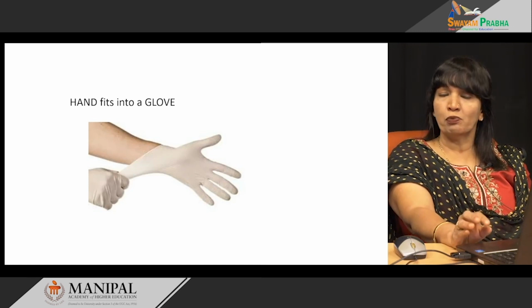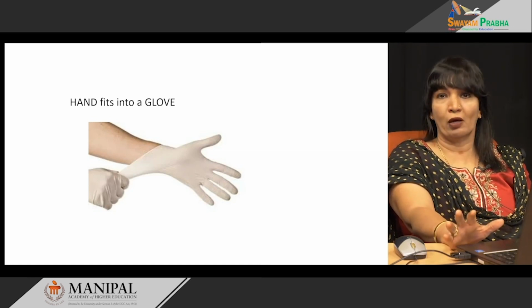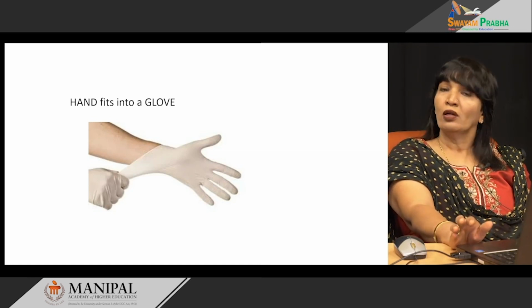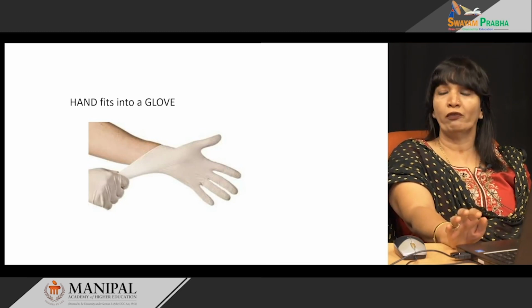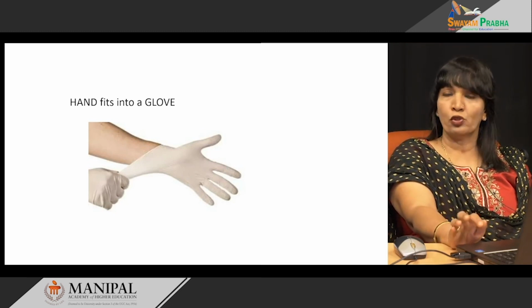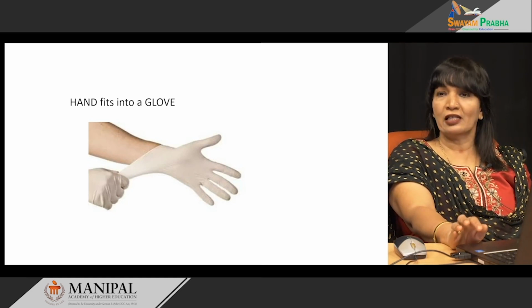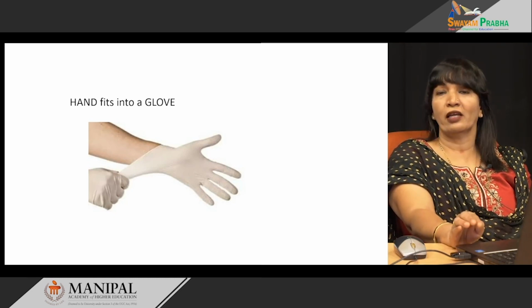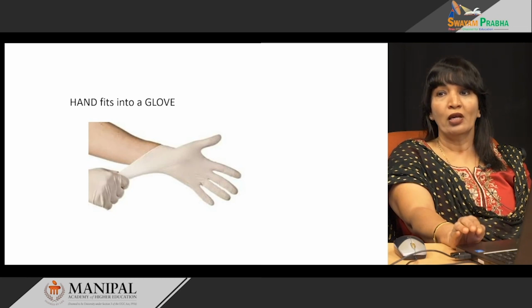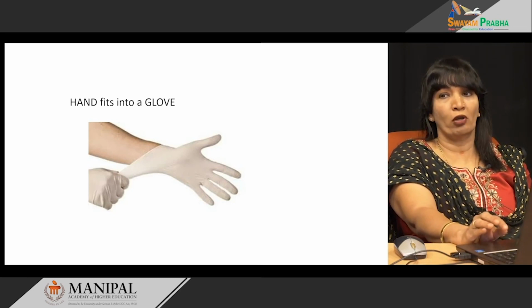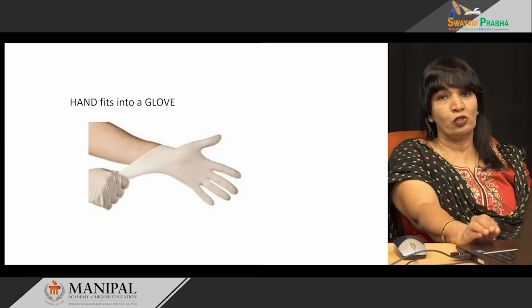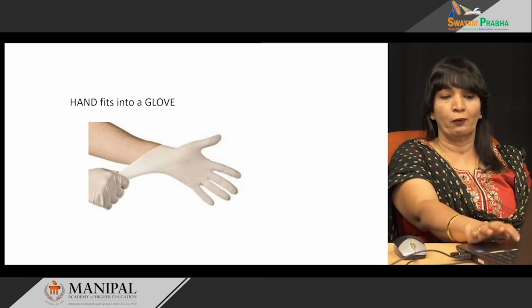Or you have a very small hand and a huge glove, but somehow the glove and your hand are both accommodative enough. See here the hand is quite big, but the glove is very small, but somehow my hand tries to go and fit into the glove.